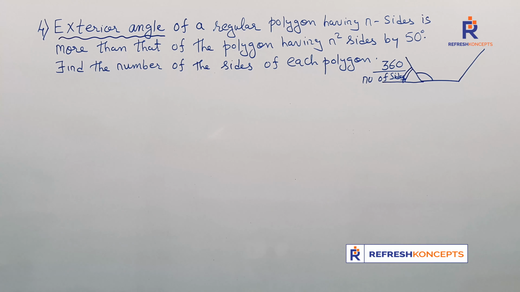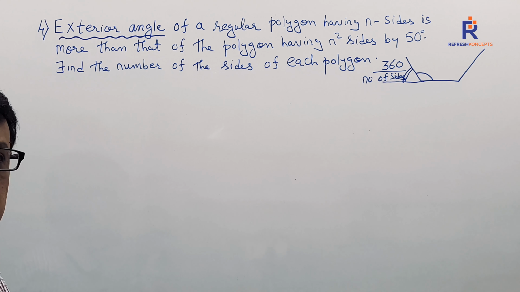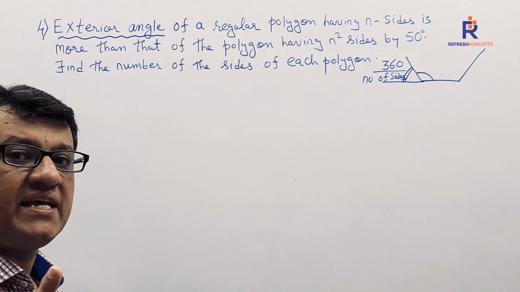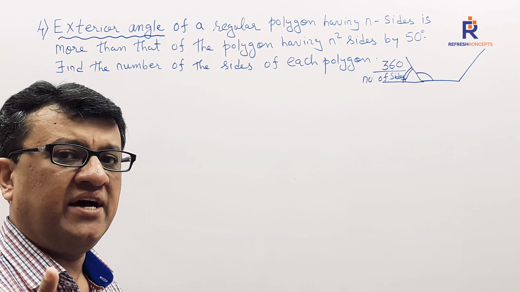So let's initialize. As we stated earlier, how many polygons do we have? Two. One with n sides, another with n square sides.